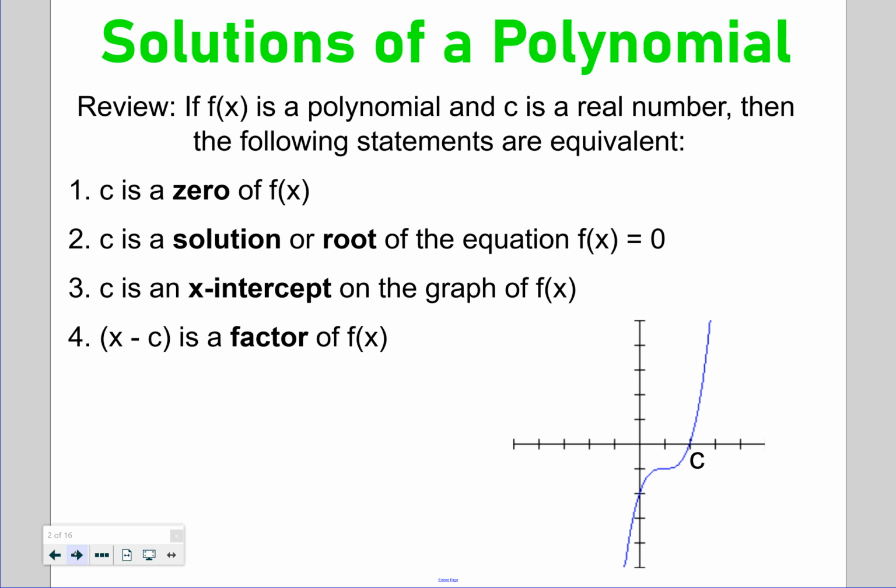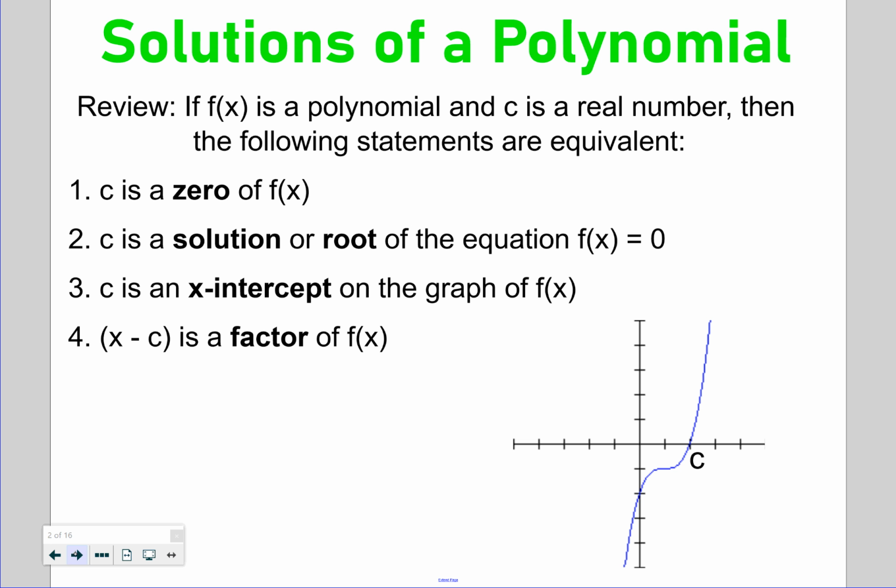So a little bit of review before we start this lesson. Solutions of a polynomial. If f of x is a polynomial and c is a real number, then the following statements are equivalent. And we saw this theorem before. If f of c equals 0, then we also say that c is a solution or a root if we set that equation equal to 0.